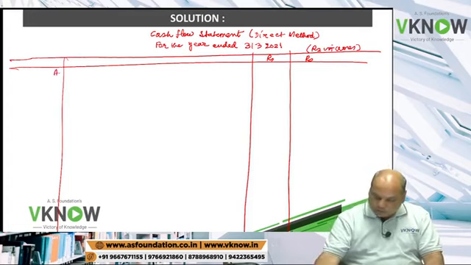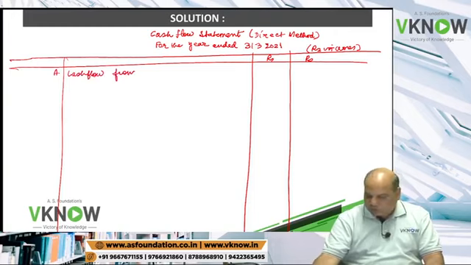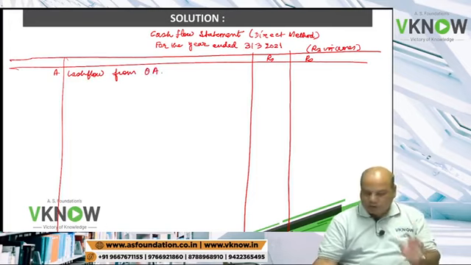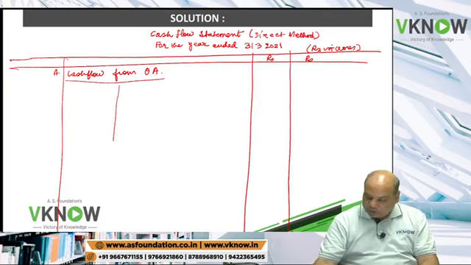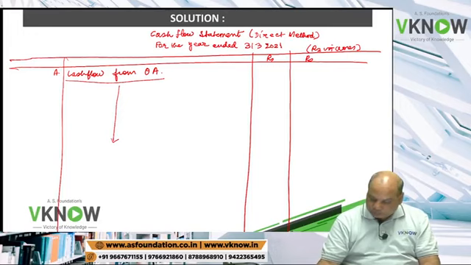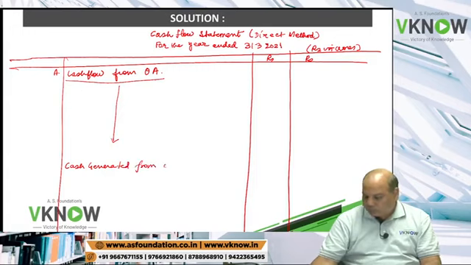Then write down point A, cash flow from operating activities. Keep about 8 lines blank here. Then write down cash generated from operations, and we'll have to take a total here.